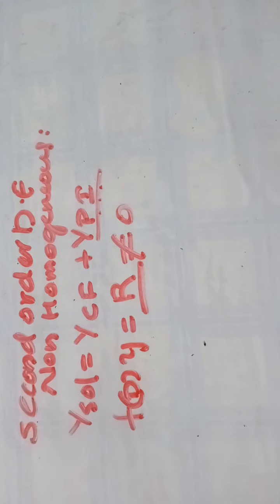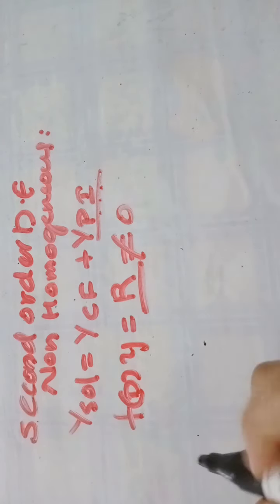So how to find the y particular integral? For that we have more types. Type 1: the right hand side of the non-homogeneous equation is in the e raised to ax form, that is, exponential form.